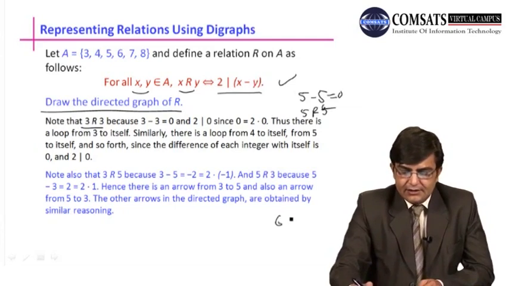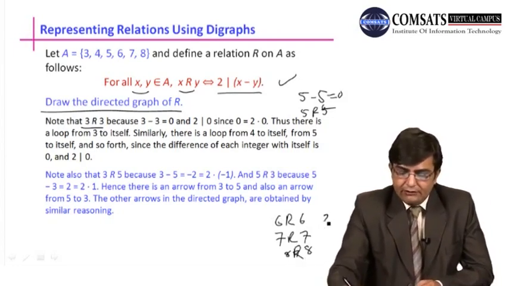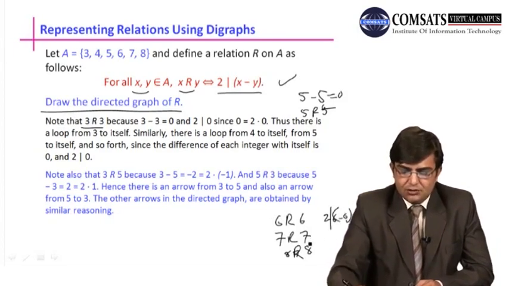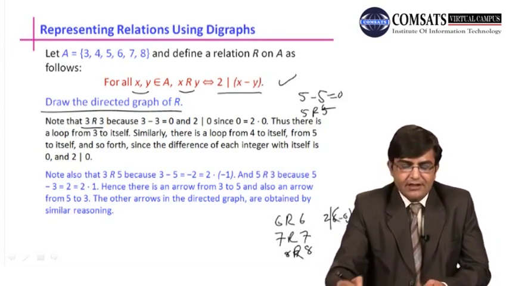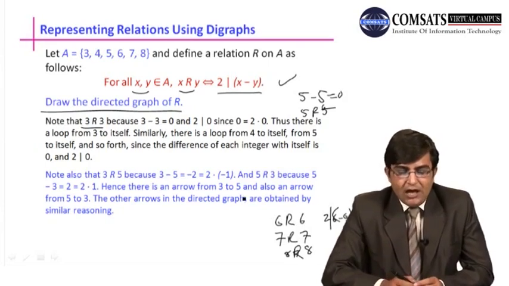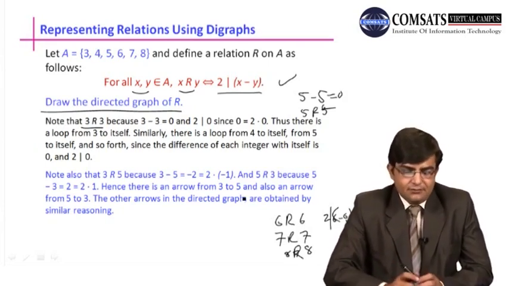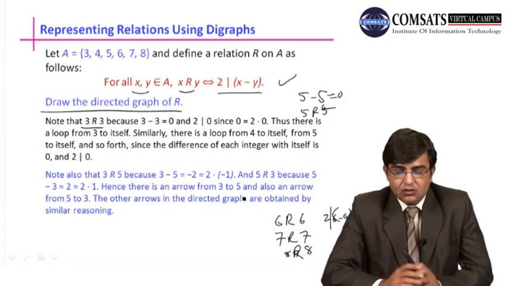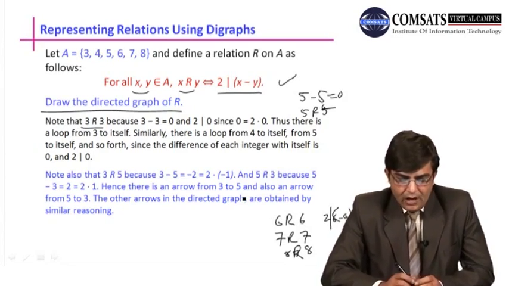Similarly, 6 is related to 6, 7 is related to 7, 8 is related to 8, because 2 divides 6 minus 6, which is 0, 2 divides 7 minus 7, 2 divides 8 minus 8. So every element is related to itself. That is what we know until now.